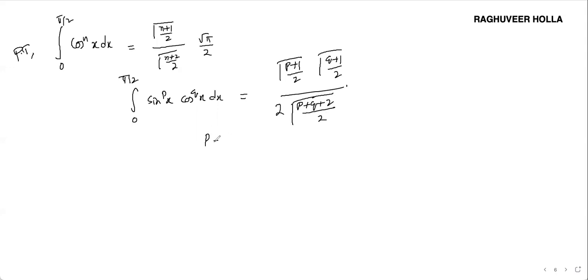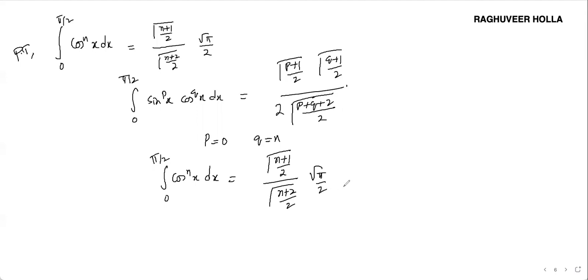Now by substituting p equal to 0 and q equal to n, this is the integral from 0 to pi by 2 of cos n x dx. So this will be gamma (n plus 1) by 2 divided by gamma (n plus 2) by 2 times root pi by 2. So this is the answer.